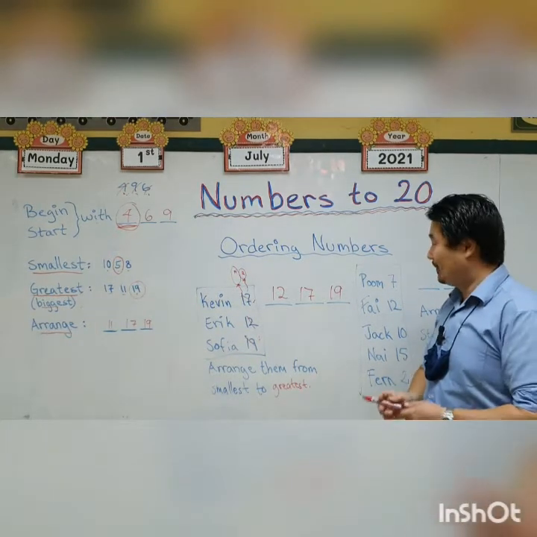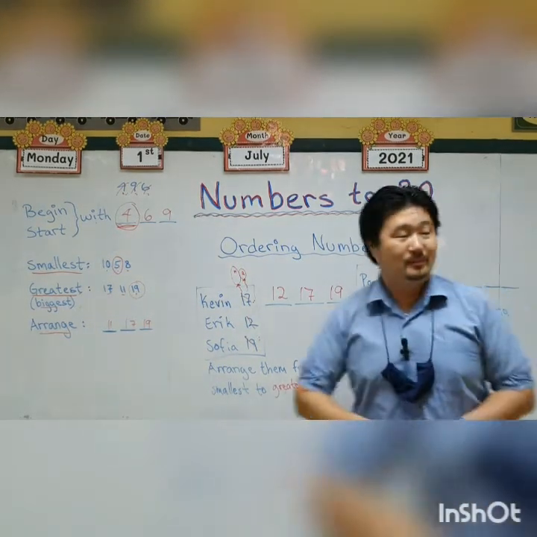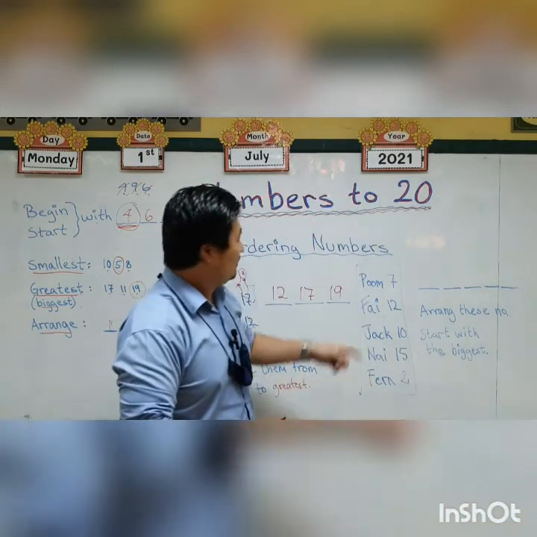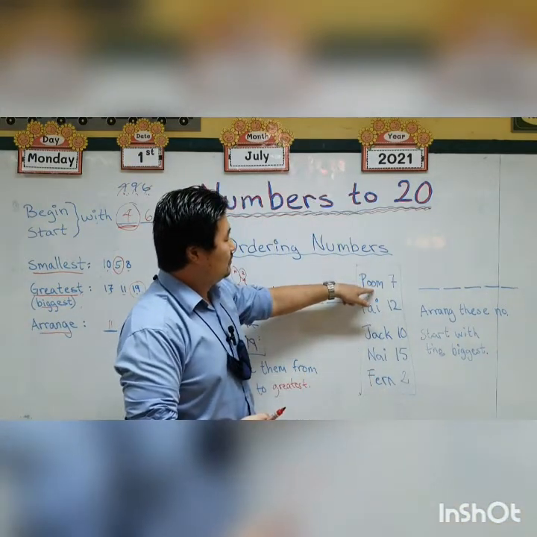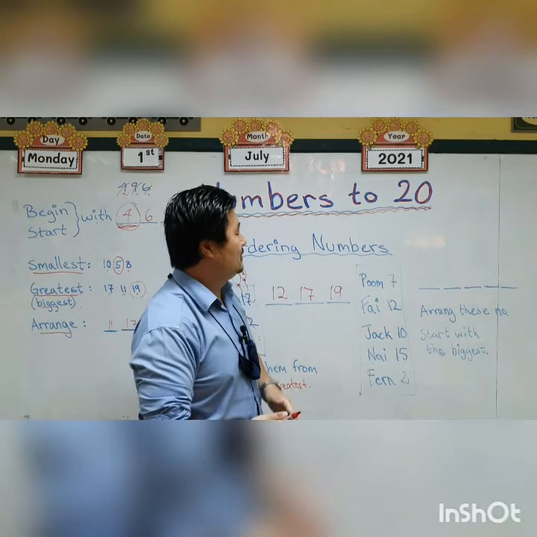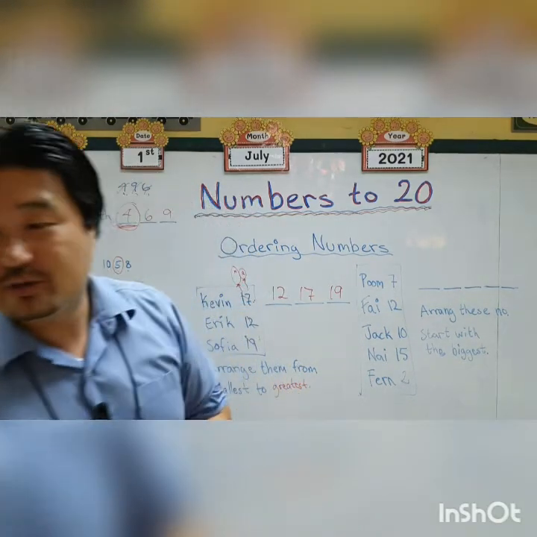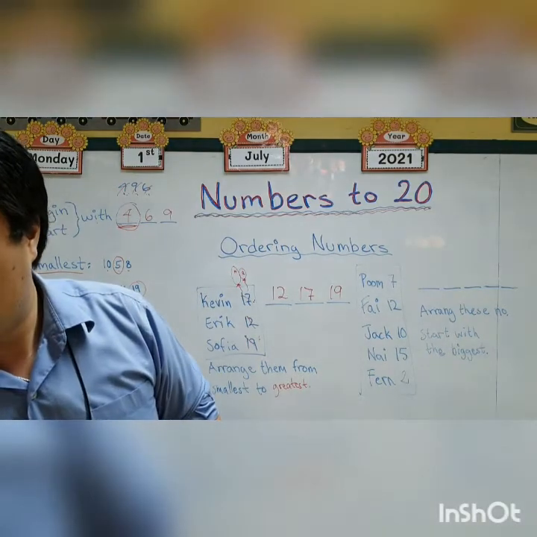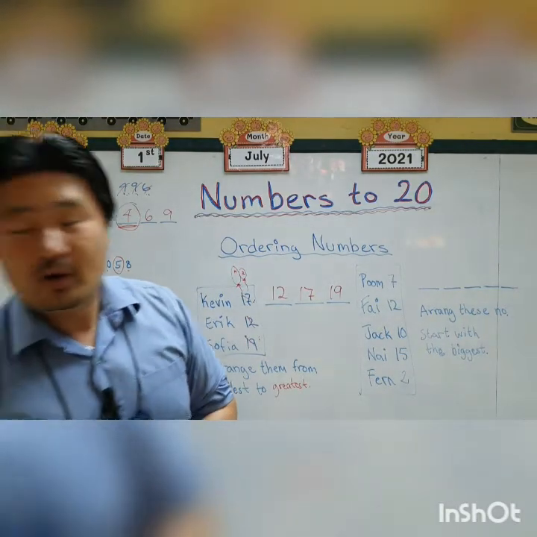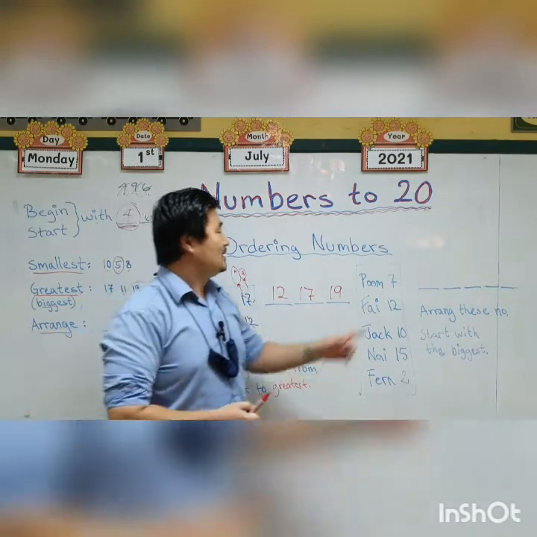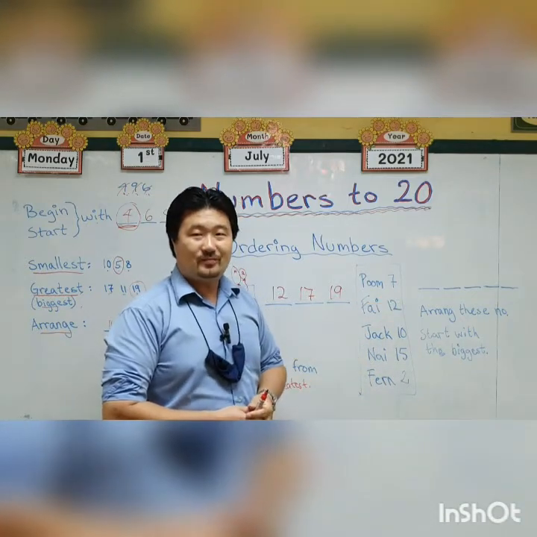Okay? We have one more example. Boom has 7 flowers.